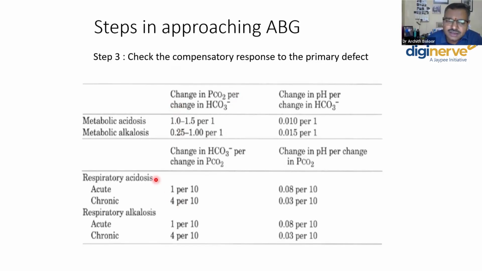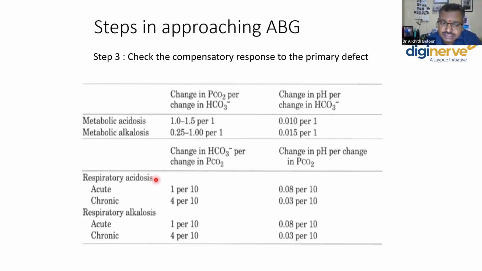Respiratory is a little more complicated because both acute and chronic changes happen. Metabolic is usually acute only. In an acute respiratory acidosis, for a change of 10 in PCO2, there will be a change of 1 in bicarbonate, whereas in chronic, a change of 10 in PCO2 changes the bicarbonate by 4. So that is the 1 and 4.